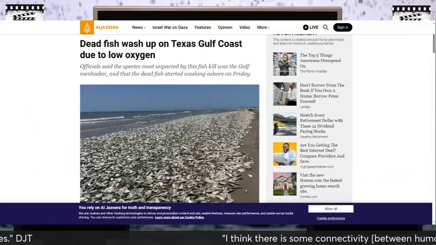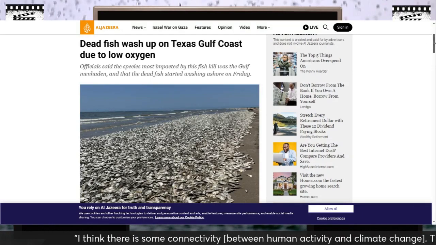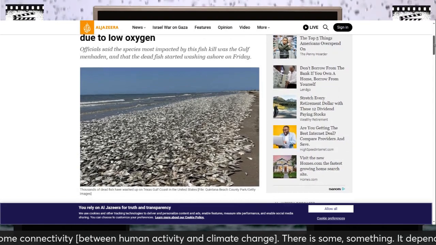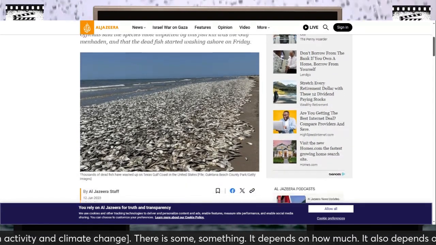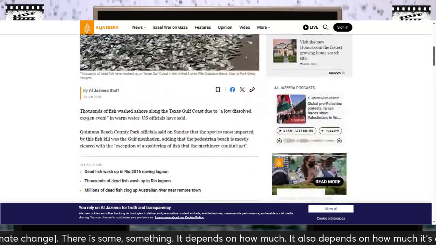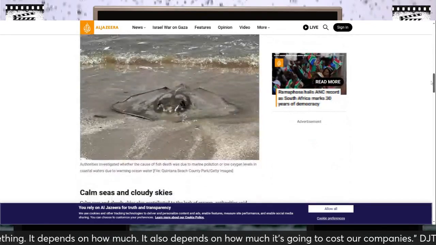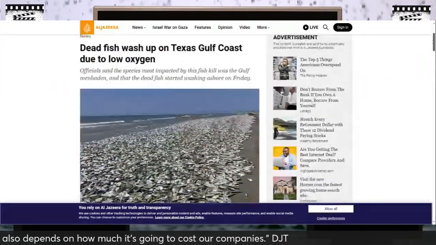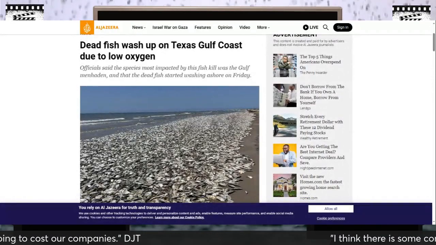Now I'm not saying that this is necessarily what is causing this, but we are noticing a lot more events like this, where you have a massive amount of dead fish washing up on shore, and birds and other animals, and it's becoming more and more common. It's really sad. I would suspect that there's probably a link between these.